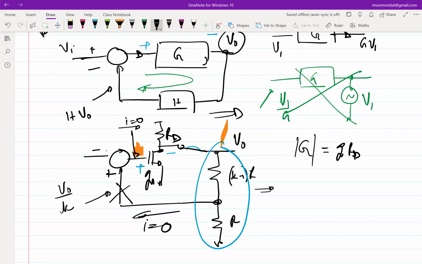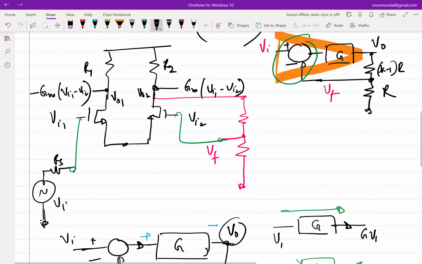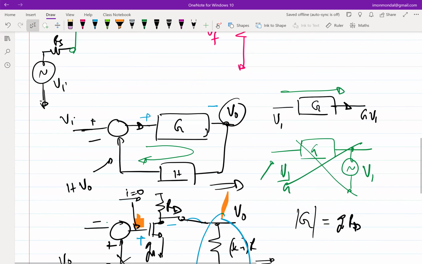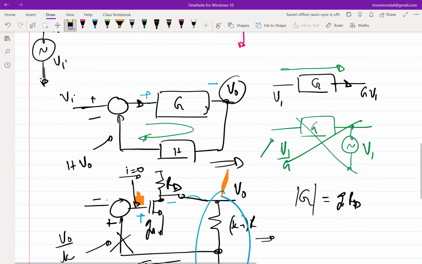So when we are doing this loop analysis using circuits, we have to look for a place where we can break the loop so that there is no loading, and apply an input in the direction of the signal flow. Direction of signal flow is important, because if I break the loop here and apply a test input here, and observe whatever comes back here, that's not going to work, because signal cannot flow in this direction.